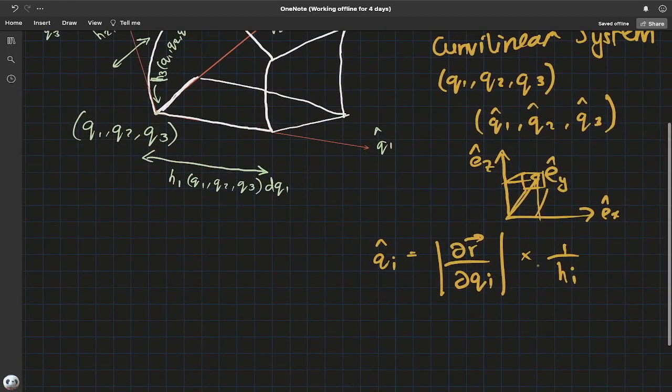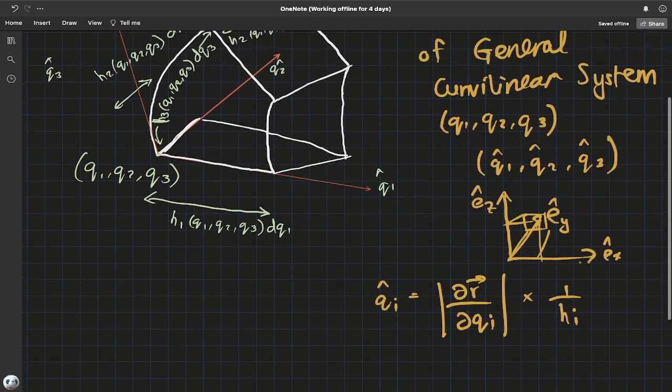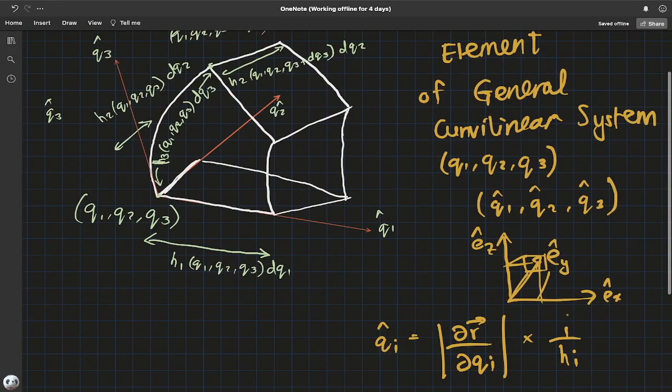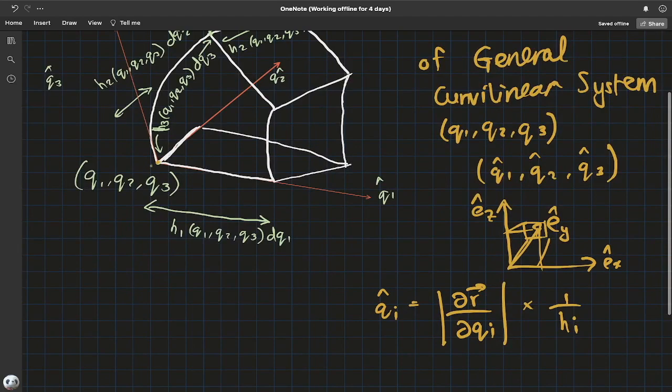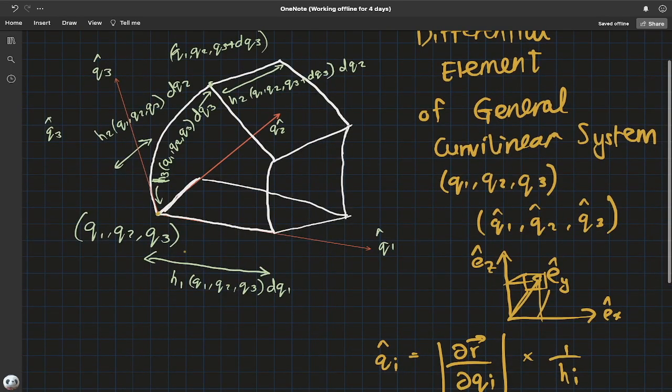So we have this extra length factor, and that length factor, as I demonstrated in the last video, depends from point to point. If we take this as the reference point, then this length is going to be h1, the scaling factor evaluated at that reference point. And since this is a differential, in the limit that the distance between them goes to 0, we can clearly define it using this one point.